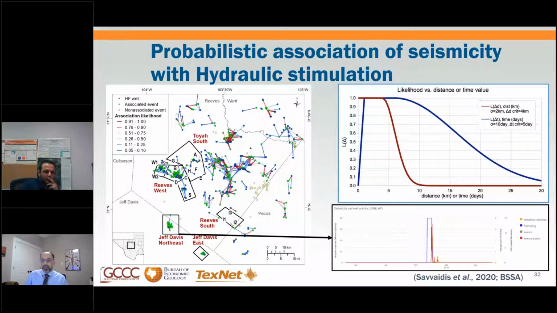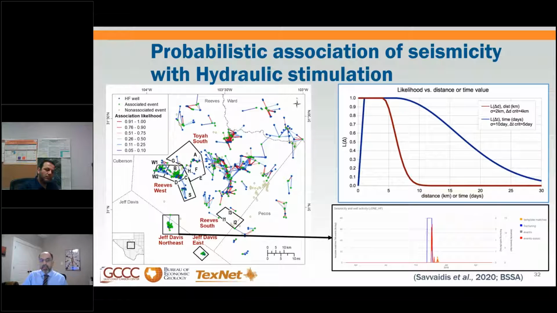Now, for the statistical approach, I'm keeping just one example here. There are a few more in the report. This is an example in West Texas. We try to identify the likelihood of seismicity related to unconventional fracking, hydraulic stimulation.